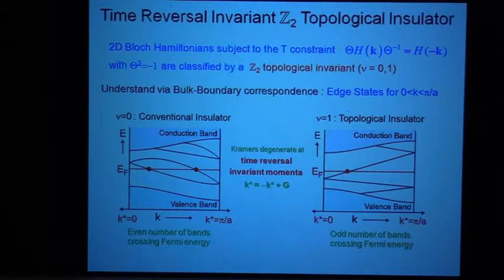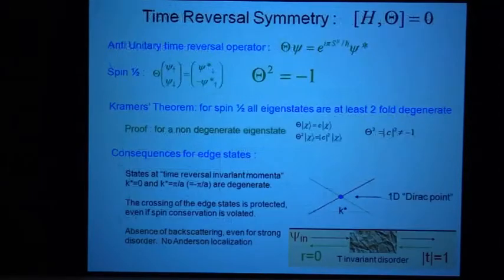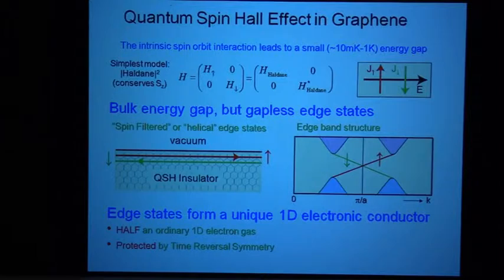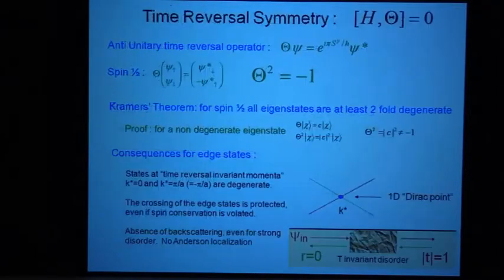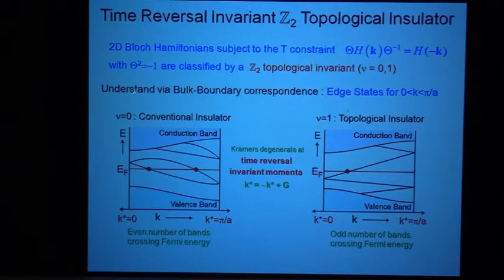If I think about the edge states, let me go back to thinking about these edge states. What I'm going to do is plot the energy bands as a function of momentum along, say, a strip. I'm only plotting half, going from k equals 0 to k equals pi.